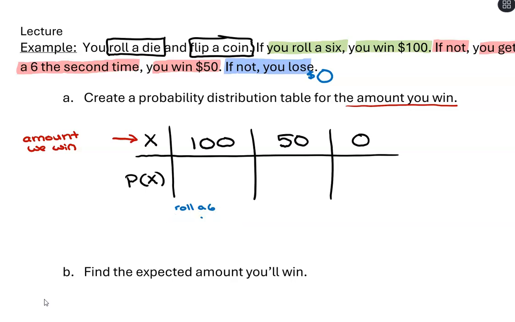That's all we have to do, just take a die, roll a 6, and we get $100. For $50, we roll not a 6, then roll a 6. And then for $0, we roll not a 6, then not a 6 again.